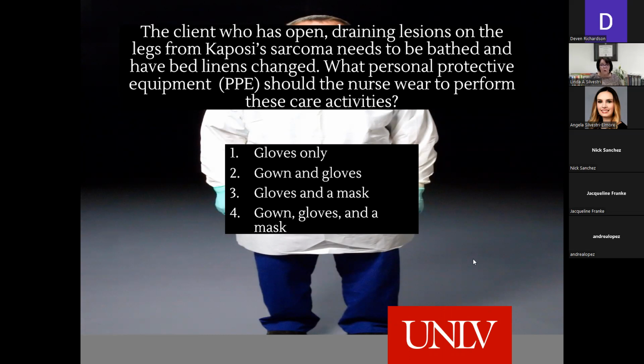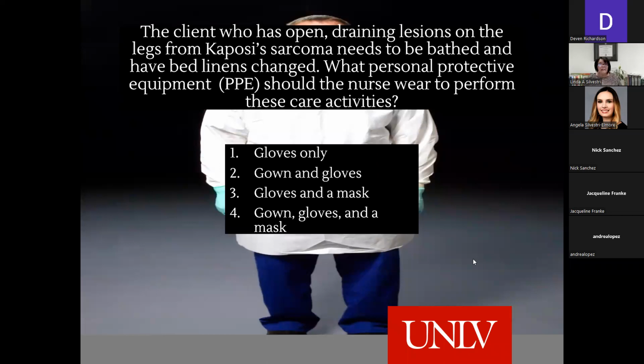Okay, great work. The answer here is 2, gown and gloves. You want to be cautious with these kinds of questions when they're asking you about personal protective equipment, because since COVID, we tend to want to select answers that always have a mask in the option.